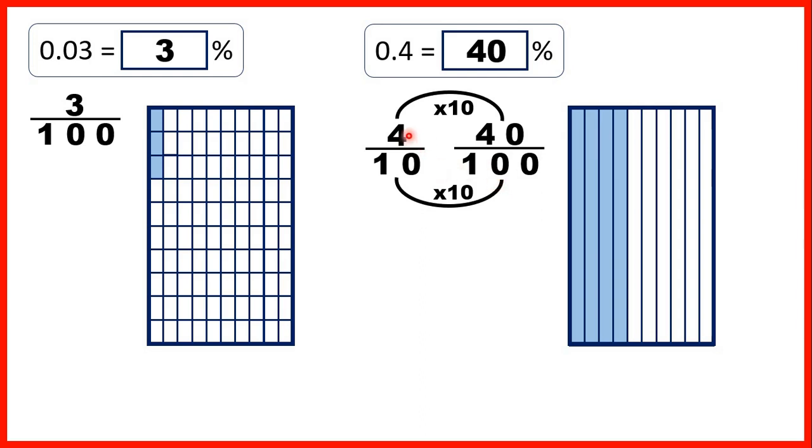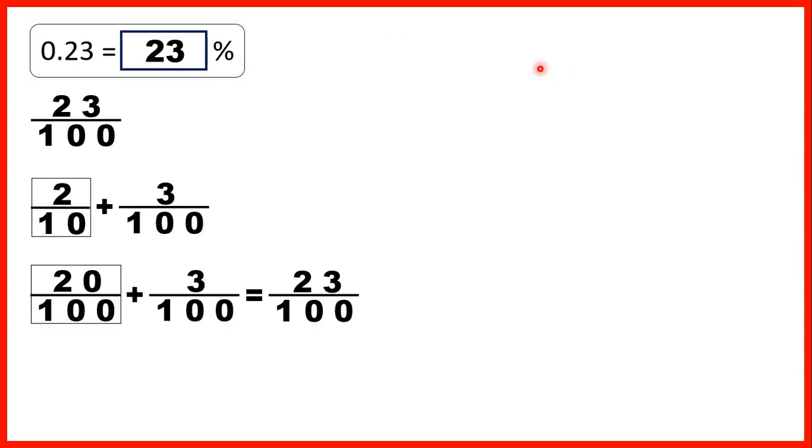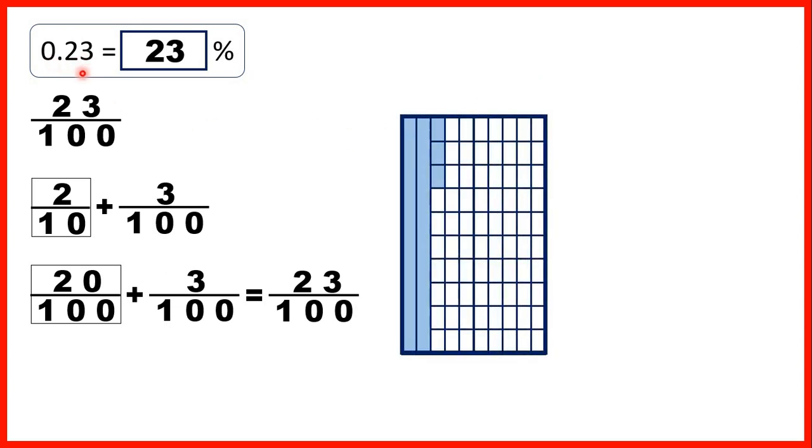So because we found that 4 tenths was equivalent to 40 hundredths, we knew that we could write that as 40%. Then we had 0.23. Really, that's 2 tenths and 3 hundredths, but 2 tenths and 3 hundredths is the same as 23 hundredths, so that's why 0.23 is 23%.